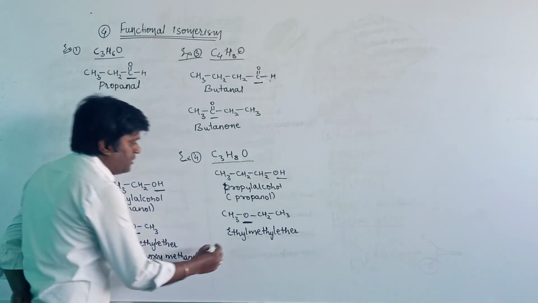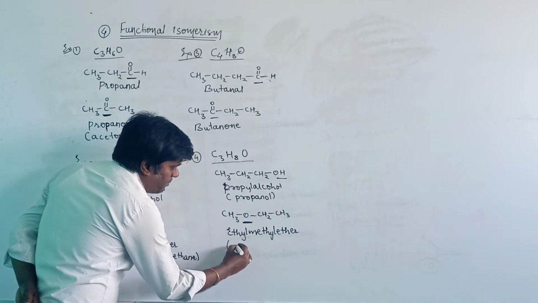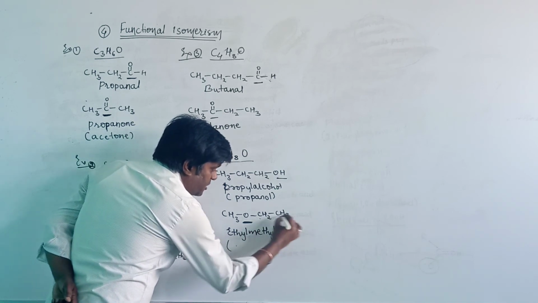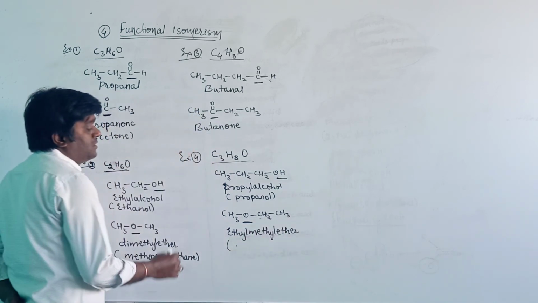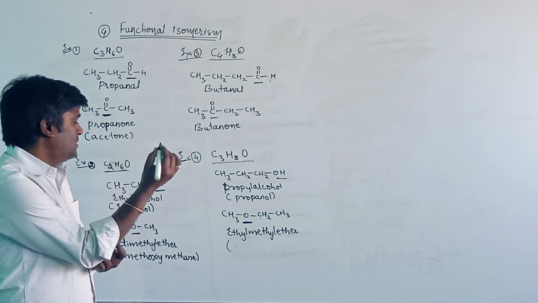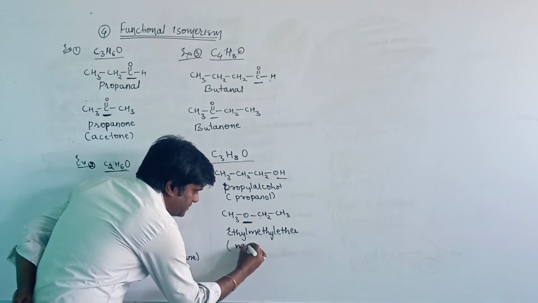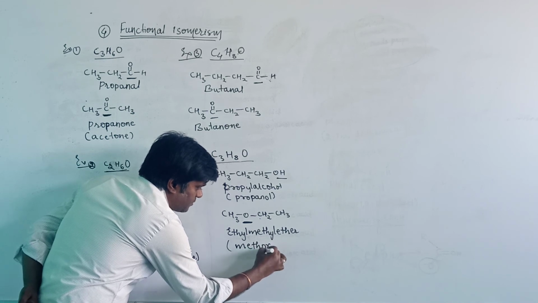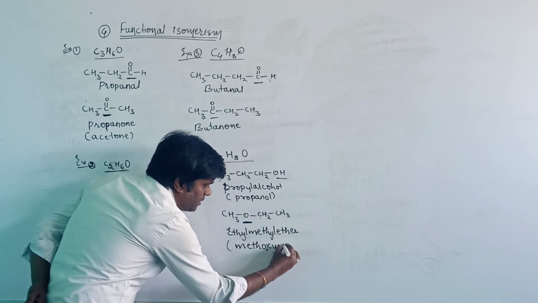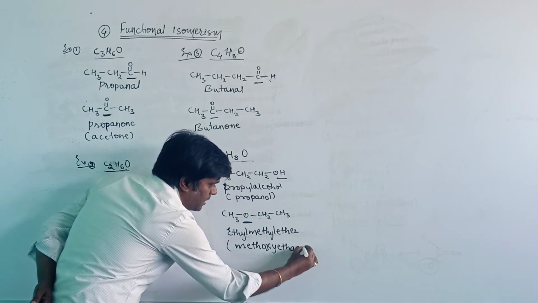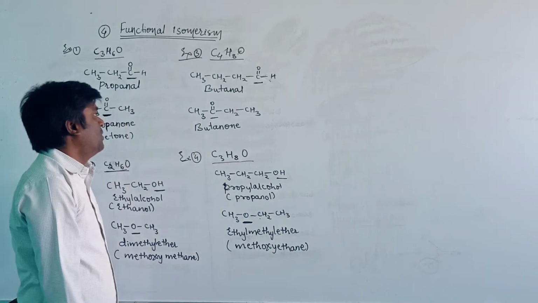And the IUPAC name for this compound: select the longest carbon chain. In the longest carbon chain, 2 carbon atoms are present, and this is the methoxy group, so methoxyethane is the IUPAC name for this compound.